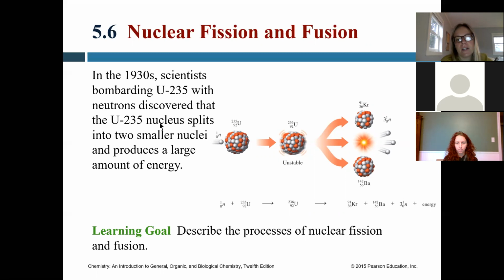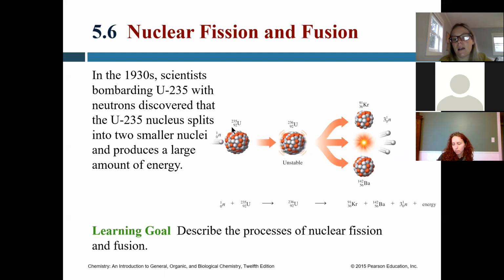What they discovered is that it would make the nucleus extremely unstable very quickly, and the nucleus would decay into 2 smaller nuclei, and it would also release 3 new neutrons.